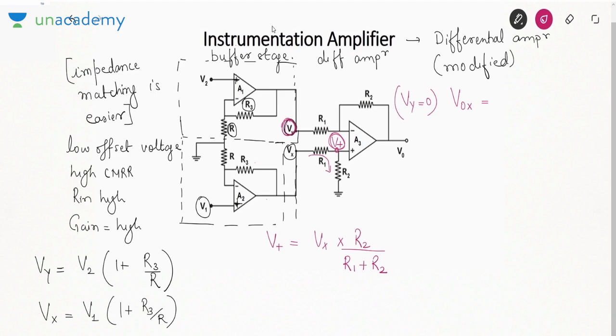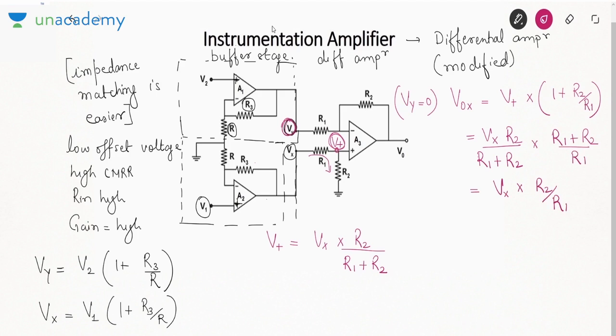For the second source, it is nothing but a non-inverting amplifier, so it is V positive into the gain 1 plus R2 by R1. That is Vx R2 over R1 plus R2 into R1 plus R2 by R1. So it is Vx into R2 by R1.